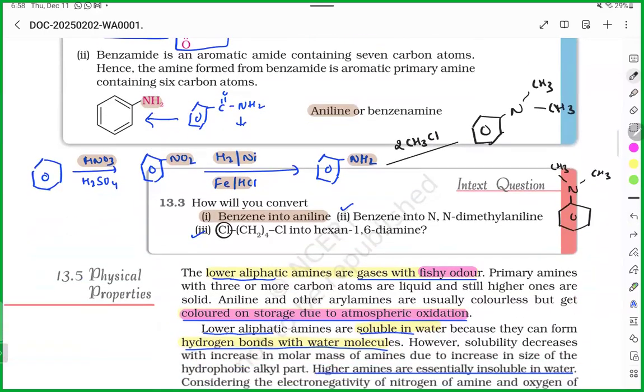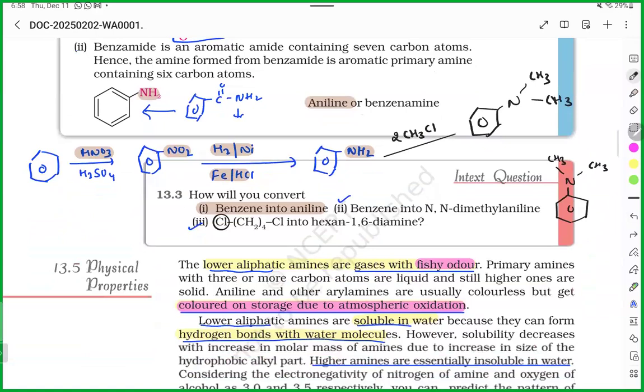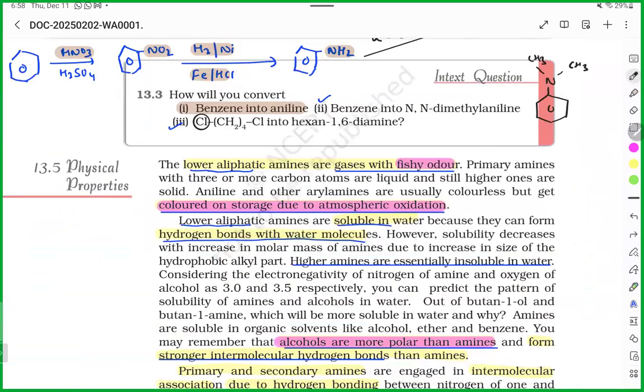No, sir. Physical properties are easy. Lower aliphatic amines are gases. Of course, lower members are gases. Higher members keep on adding mass, so they become liquid or solid. But the fishy odor is important, correct?